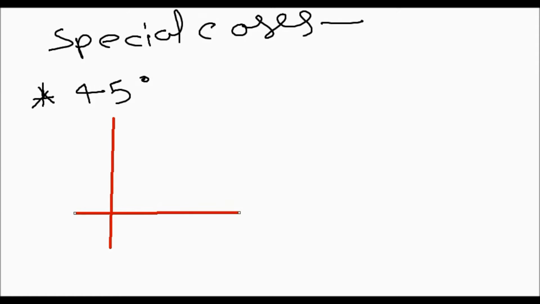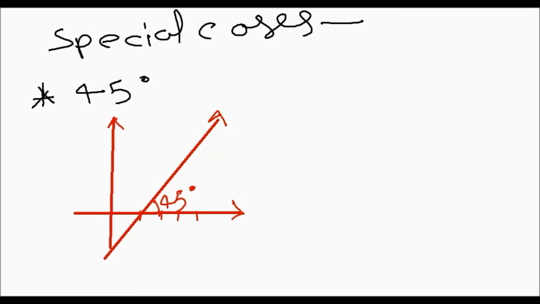A line is falling on the graph at 45 degree. Now this is a rough graph, so it will not show exactly, but I'll show you somehow what the relation is.